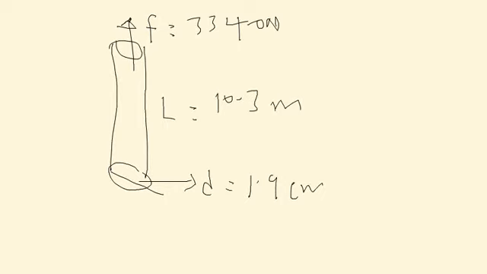We use the parameters to find the unknowns as asked in the question. Now let us find the area, that's the top area or the normal area. The area is the circular area, which is pi d squared over 4.